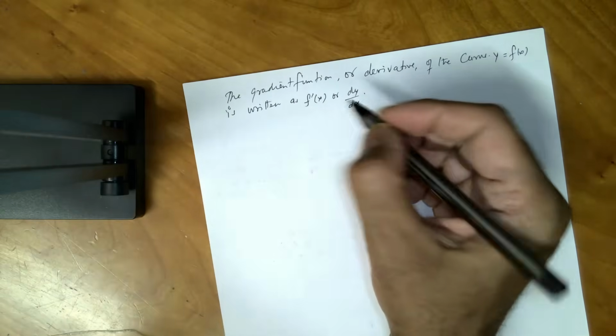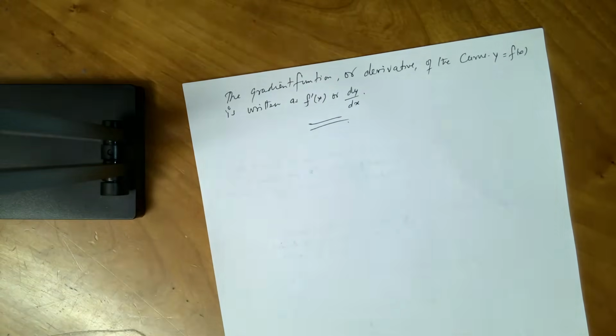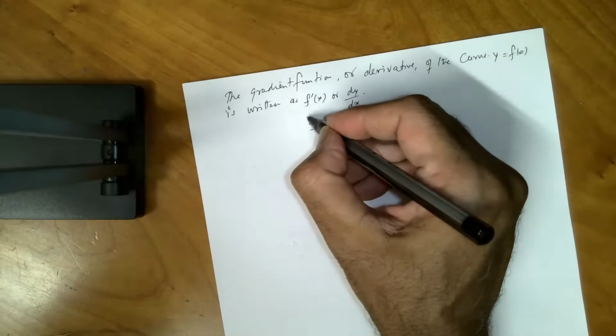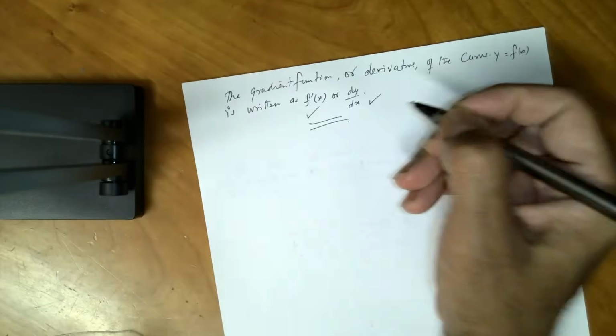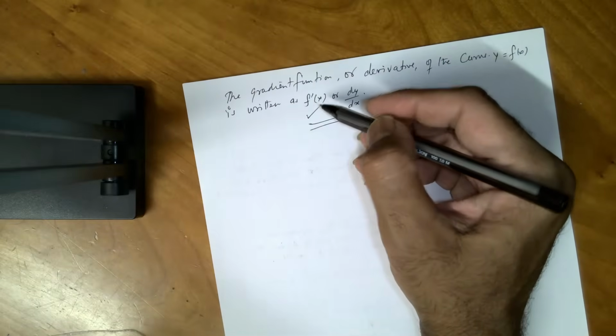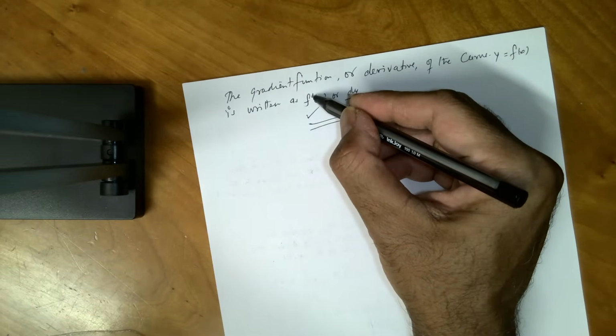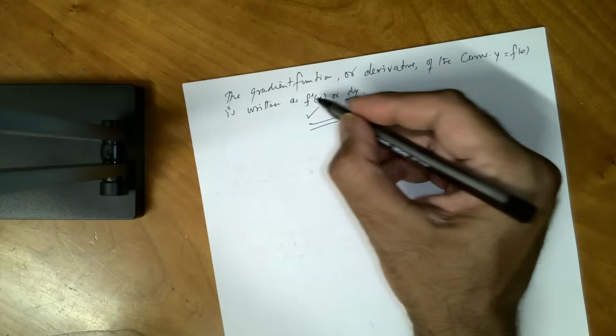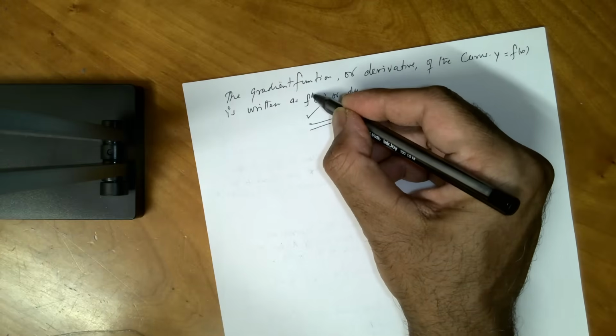So this is what we will use when we do differentiation. We can write either this way or even this way, whichever you want. Most of the time we use the derivative form like this.